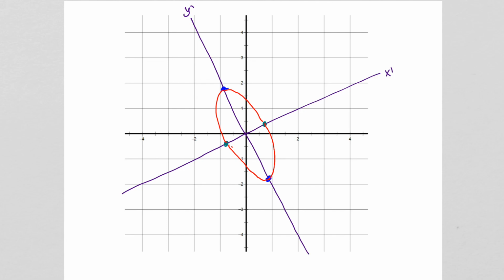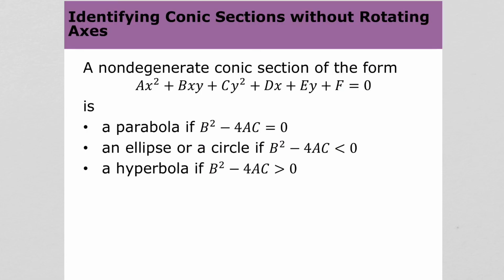For example 7, it says, identify the conic section without rotating the axes. So this is when you've got the BXY in there, okay? And the ones before, the first few examples we looked at, the BXY wasn't there.